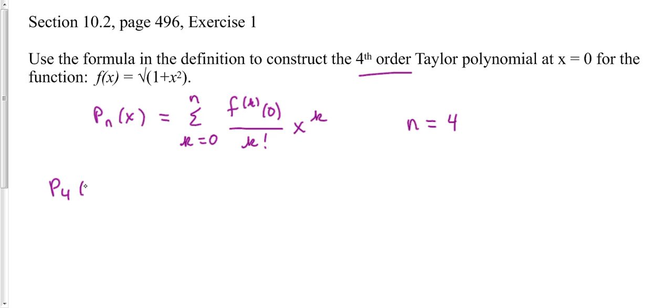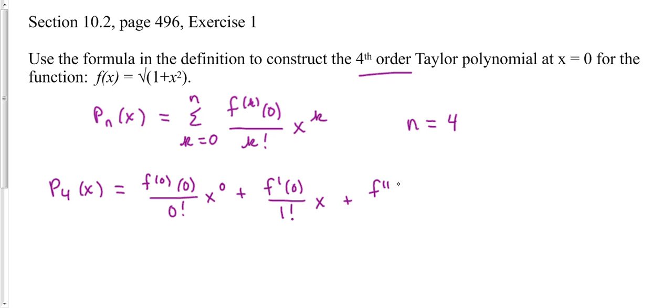So P4 of x is going to be equal to the 0th derivative evaluated at x equals 0 divided by 0 factorial times x to the 0, plus the first derivative evaluated at 0 divided by 1 factorial times x, plus the second derivative evaluated at 0 divided by 2 factorial times x squared, plus the third derivative evaluated at 0 divided by 3 factorial times x cubed.